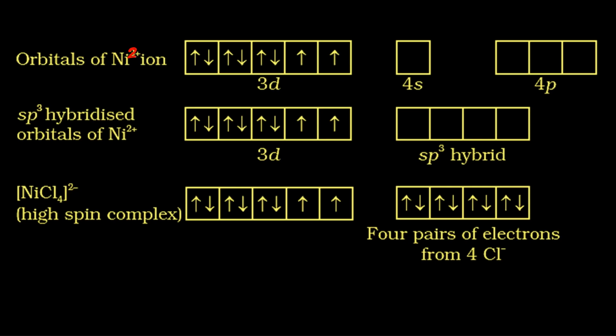After writing the configuration, you will see whether the ligand is a strong field ligand or weak field ligand. Now remember, fluorine, I said, is a weak field ligand. What is chlorine? Chlorine is also a weak field ligand, although there is some difference.